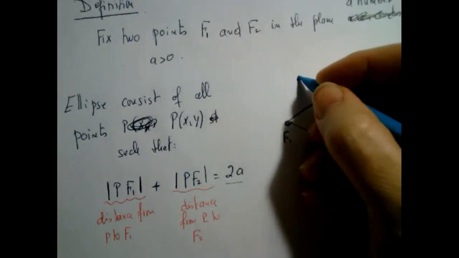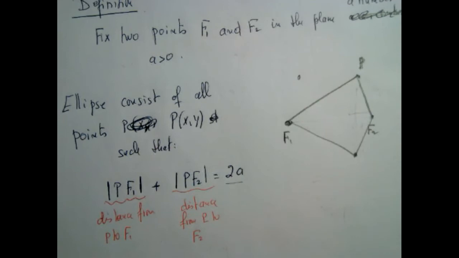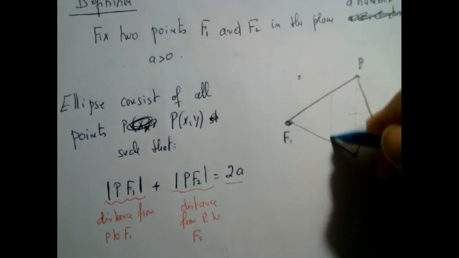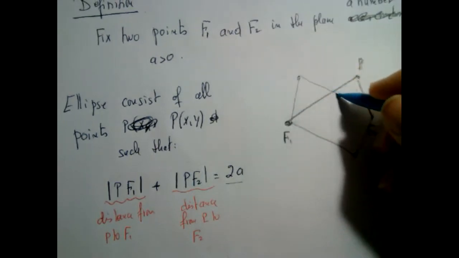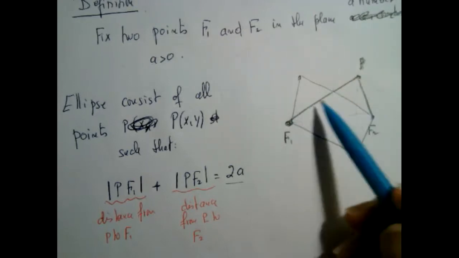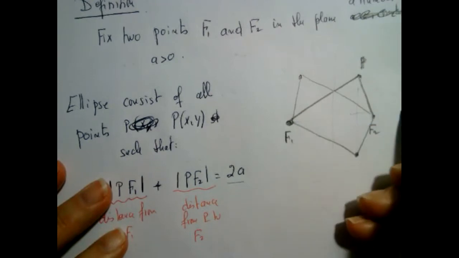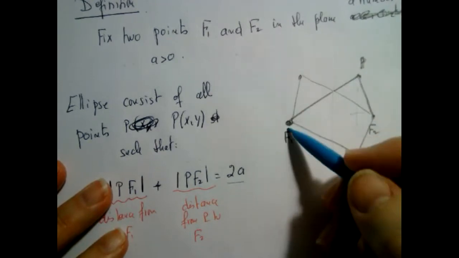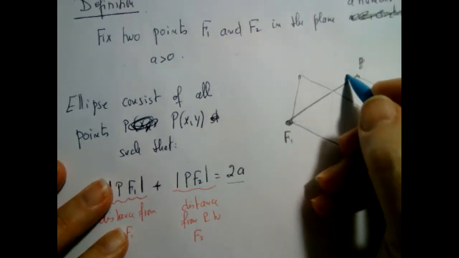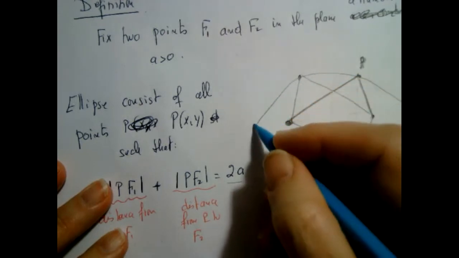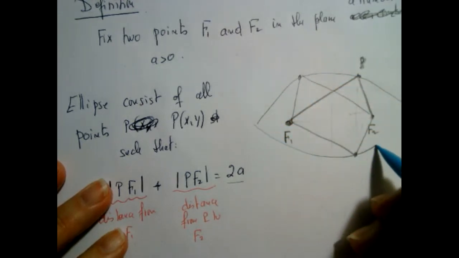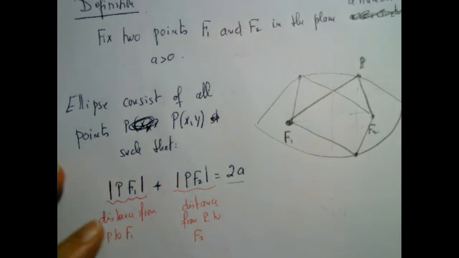Another point which will be on the ellipse is the point symmetric to it right there. If I take a point which is totally symmetric, it will also be on the ellipse because it satisfies the same condition. If I sit down and draw all the points such that the sum of the distances is 2a, I will get this shape, exactly this shape right there.